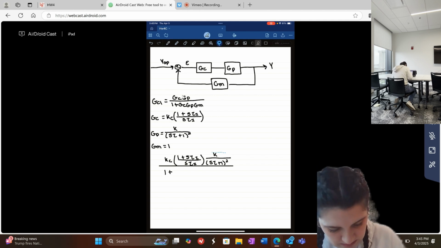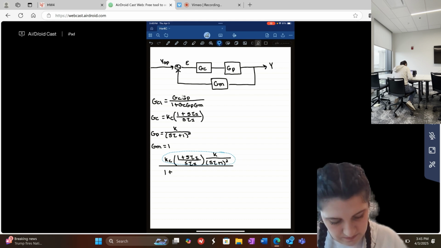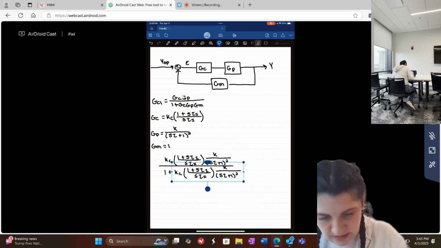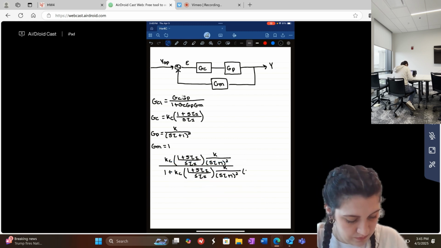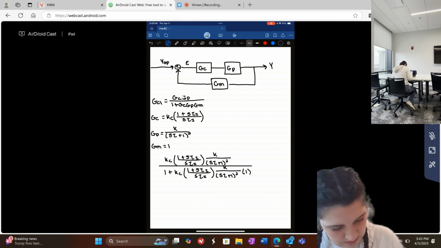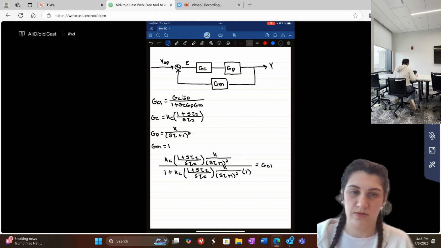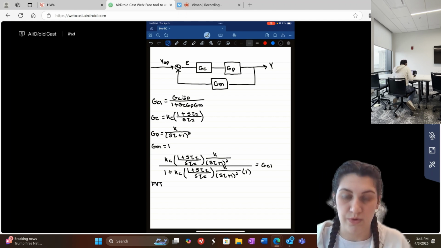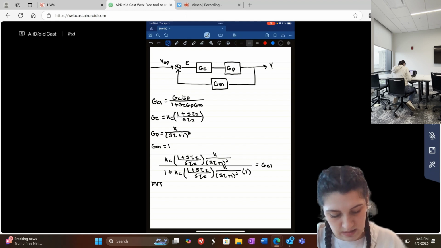We can just copy this. And then we can't forget our measurement, which is just 1. It's equal to GCL.